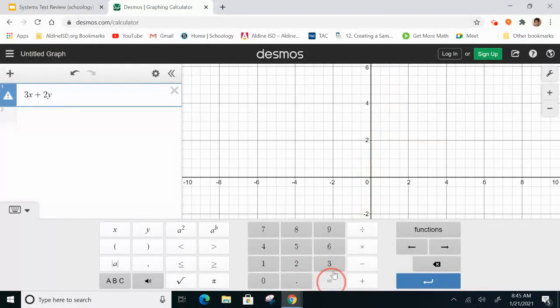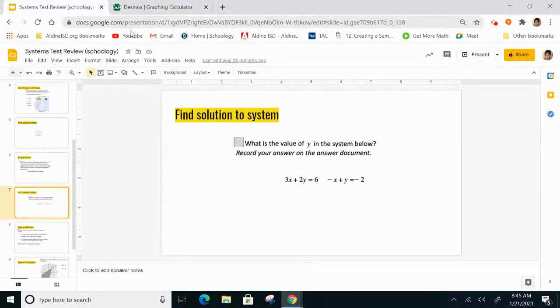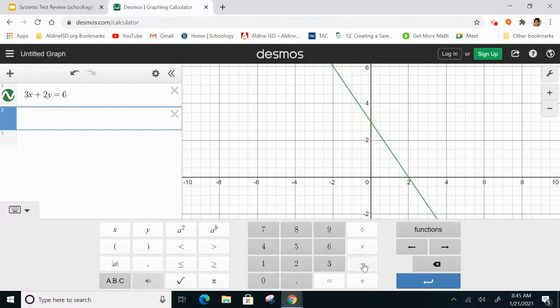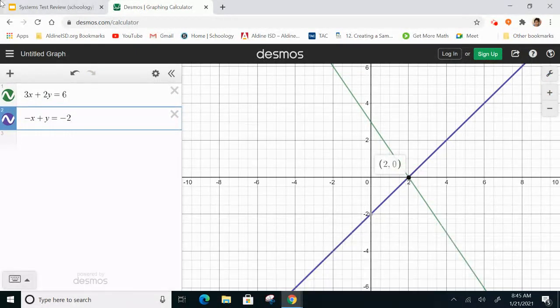And the nice thing about Desmos is that it will convert the equation and all of that for you. You just type it in as is. Negative x plus y is equal to negative 2. And then boom, we're going to graph it. And in Desmos here, the solution is 2, 0.